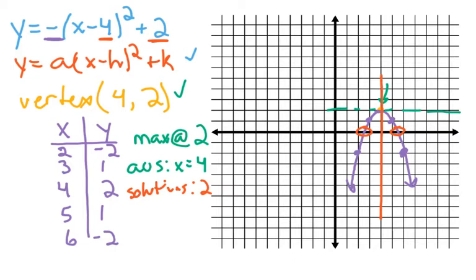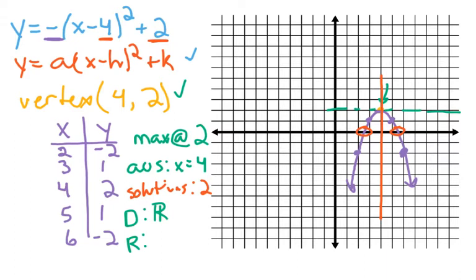And actually, before I sign off with this, there is one more thing that I wanted to talk about, and it would be domain and range. So domain and range. Now, early in the year, we did talk about these. You need to remember that domain is everything that you can plug in, which when it comes to quadratics, your domain is all real numbers. You can plug in whatever x value you want.